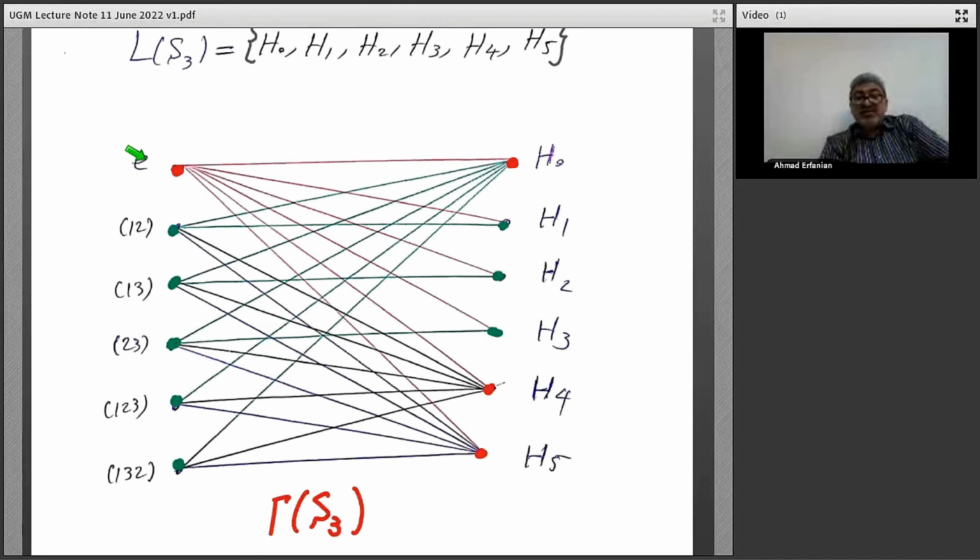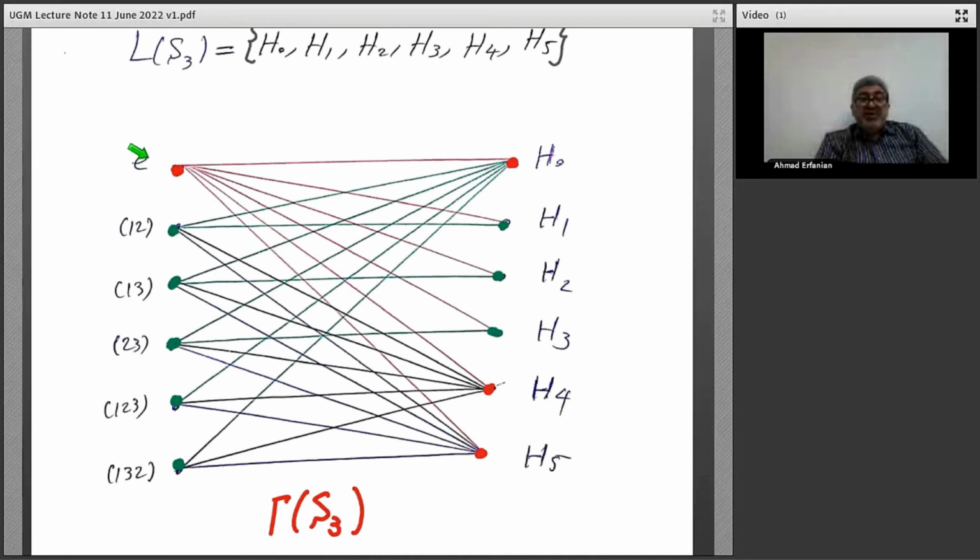Now you can see that the identity is adjacent to each of the 6 vertices in the right hand side, because the coset of identity times, for example, H0 is equal to H0 times identity, identity H1 is equal to H1 identity, so identity is adjacent to each of them.